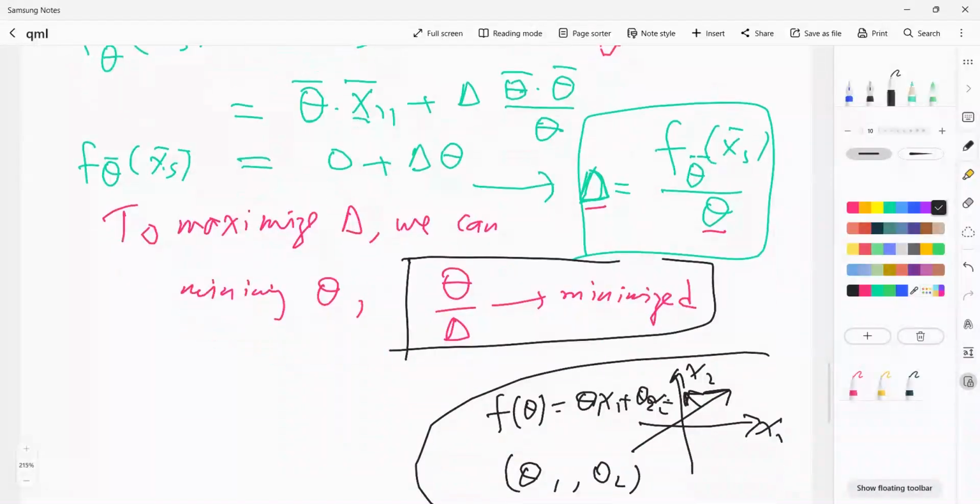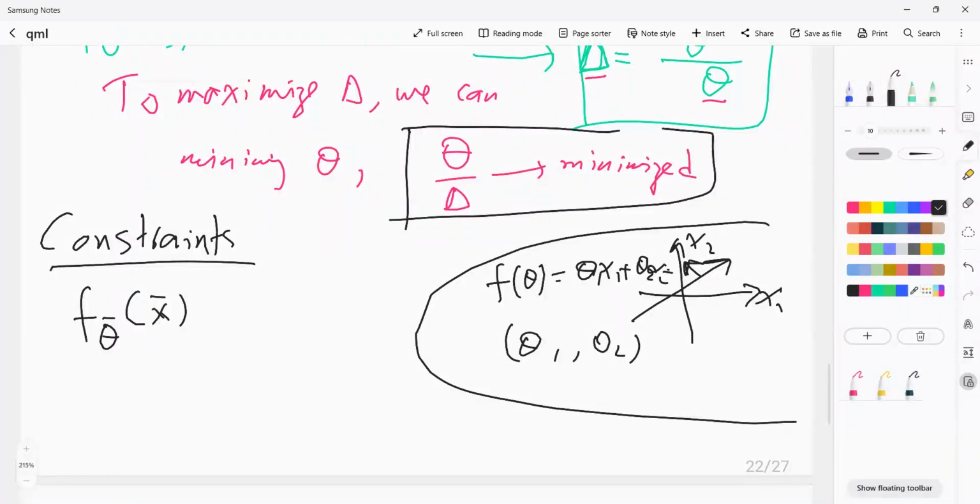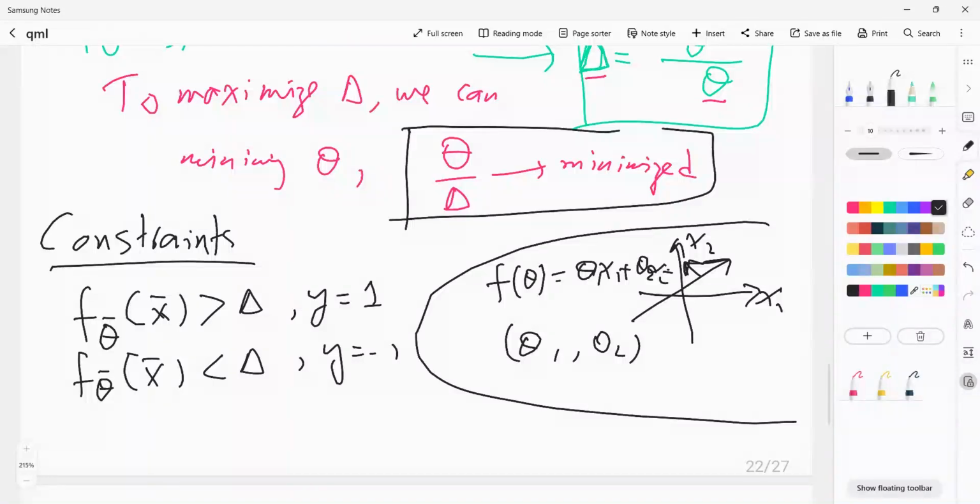What's the constraint? The constraint is that all the data points should have this positive, and actually they should be bigger than delta when y is +1, and our points with the negative labels, their f theta of x must be less than delta.